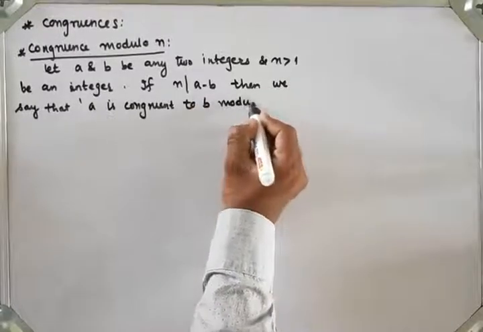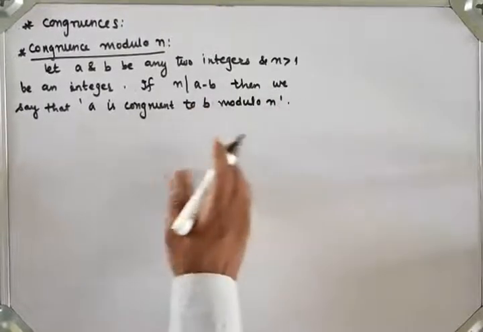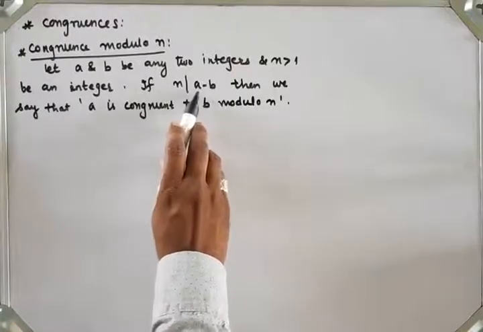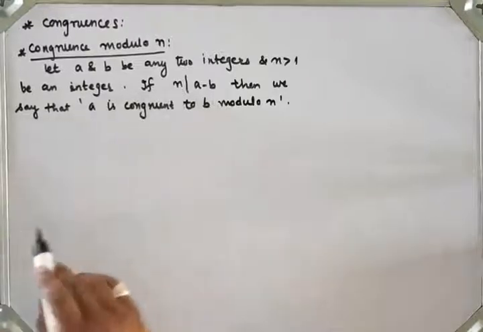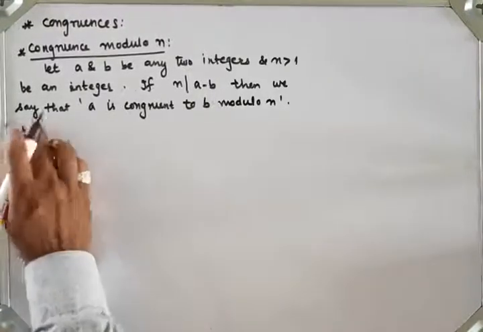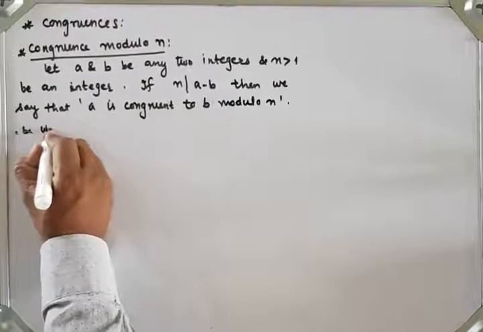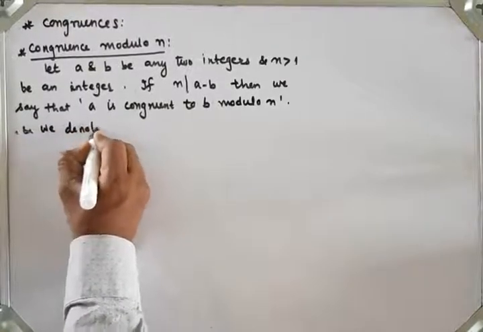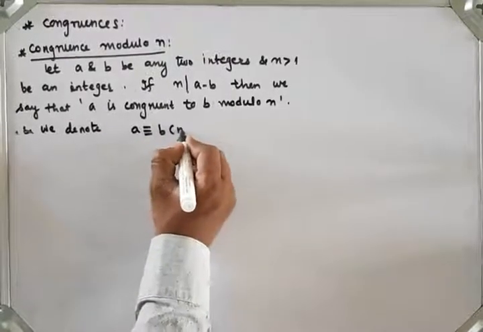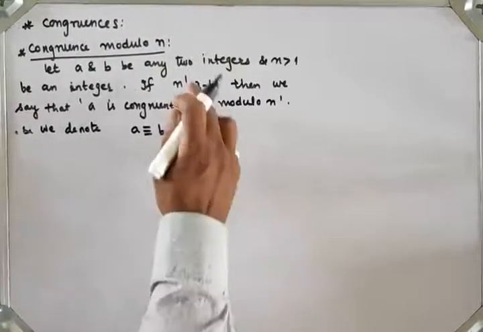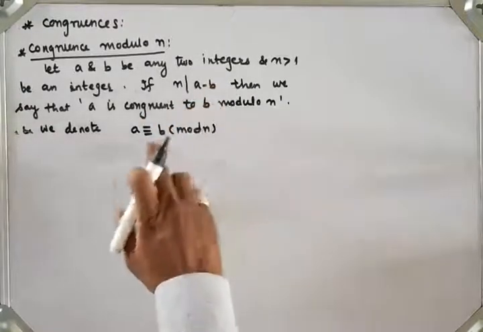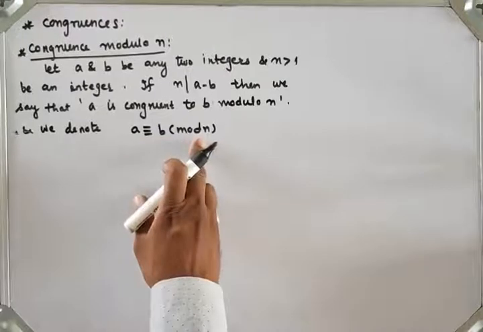So this is the meaning: if n divides a minus b, then we say that a is congruent to b modulo n, and we denote it as a is congruent to b modulo n. So this is the notation. If n divides a minus b, then it can be written as a congruent to b modulo n.